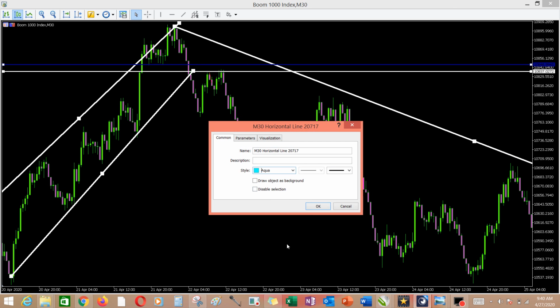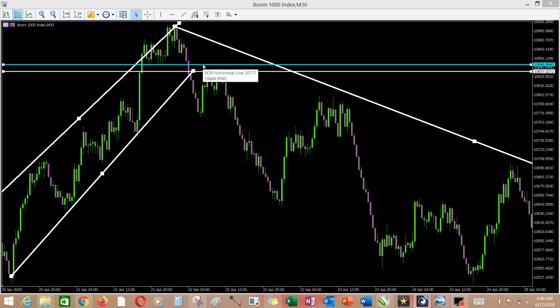Let me use aqua blue. Okay, this is my entry point. My exit point is where the white line is. The reason is there is a support level, and you should see the base of the spike even here. So I'm going to exit here and wait for it to touch this support level.